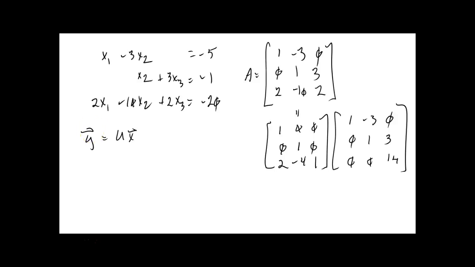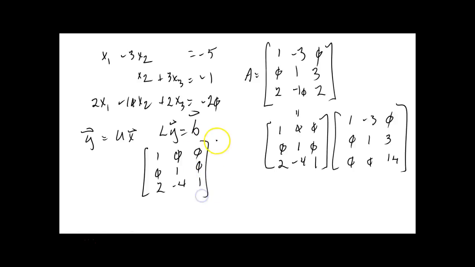So the next step we're going to do is L times y is equal to b. Now the lower we're going to use, that's that first one. So that's going to be 1, 0, 2. I'm writing them downward this time. 0, 1, -4, 0, 0, 1.